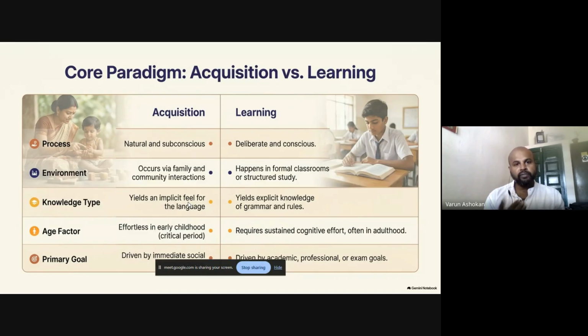There are a lot of differences between a child acquiring a language and an adult acquiring a language. A child takes more time because it has a process, it has stages. But both child and adult have a silent phase for a couple of months, they don't try to speak.